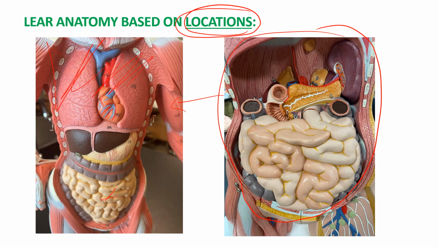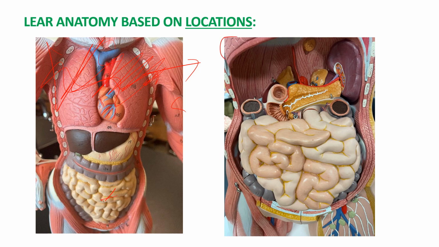So we are now seeing almost nothing of these in this picture. Now, we might see something. What do you think is this little portion here? If you say the lungs, it's correct. We're seeing this little portion. What will be this little portion here? If you say the diaphragm, you're correct. That's the diaphragm.